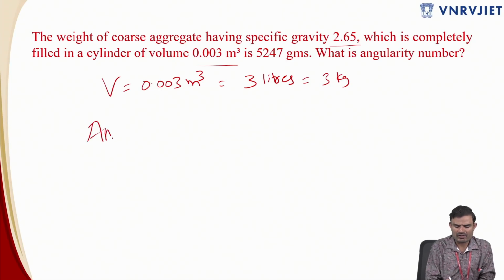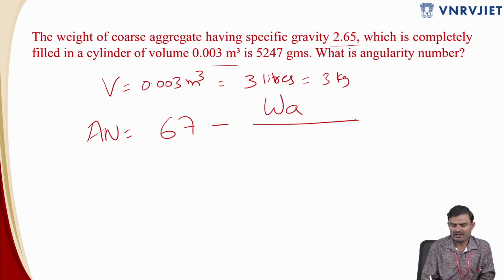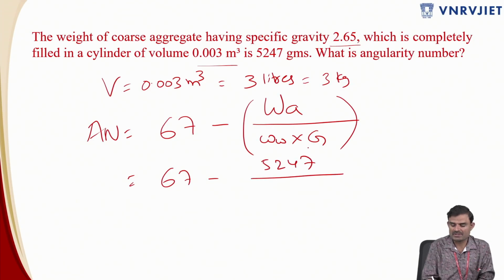Now the angularity number, by the formula discussed previously, is 67 minus the weight of the aggregate particles divided by the weight of the water multiplied by the specific gravity, with the whole thing in a bracket. So 67 minus, the weight of the aggregate particles is 5247. Of course this is in grams, whereas we have the weight of water in kg, so I'll express this also in the same units, like this.